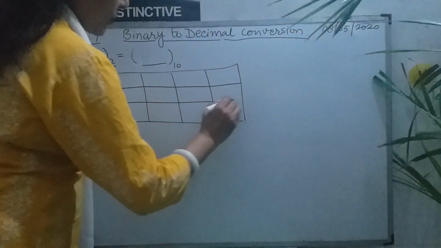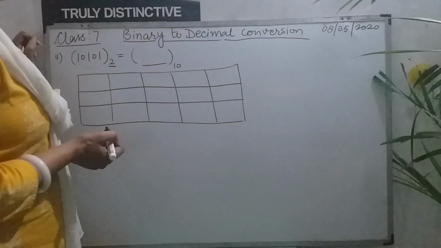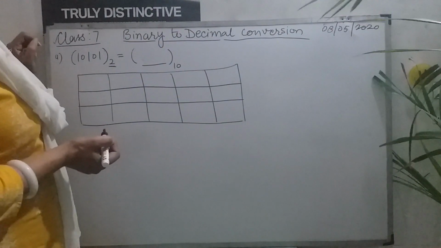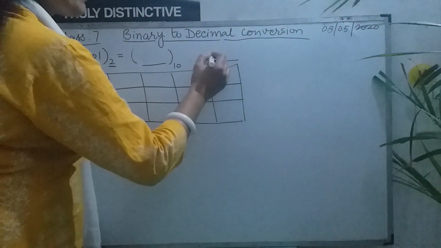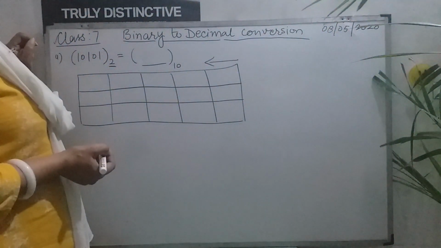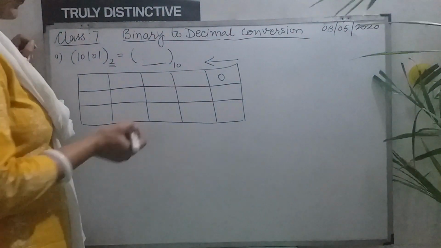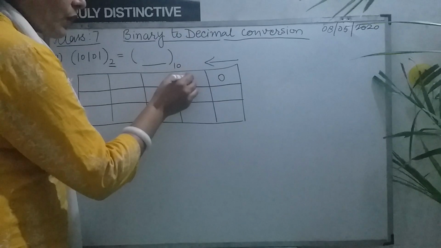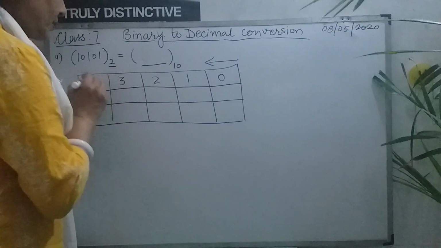Now you will number the columns. Numbering will be done from right to left, and the first column number will be 0. Then 1, 2, 3 and 4.